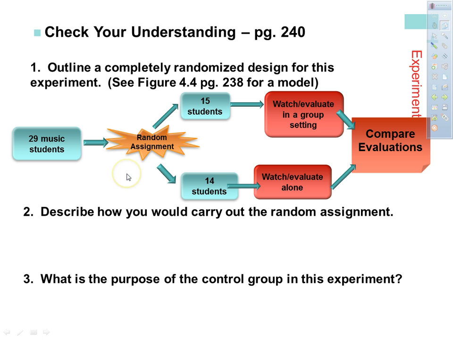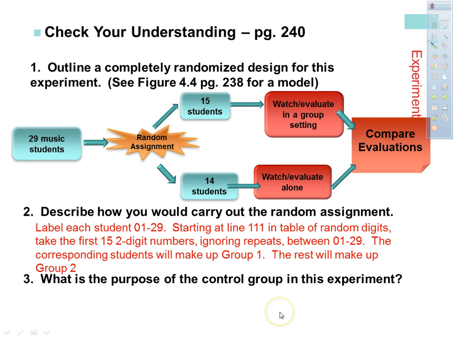But anyway, now you have to come below this and talk about how you're going to carry out your random assignment, okay? And you can do something like this. Label each student 01 to 29, starting at line whatever. I said 111, doesn't have to be 111. In the table of random digits, take the first 15 two-digit numbers, ignoring repeats, between 01 and 29. This should not be new.